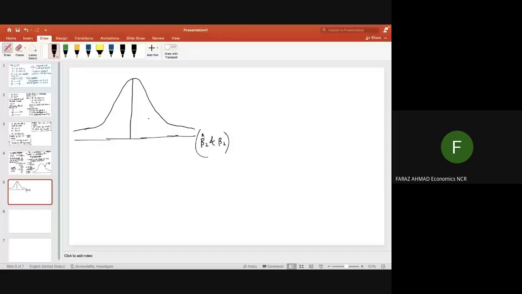And there is a mean of the sampling distribution of beta 2, and that mean is the expectation of beta 2 hat, and there is a proof which we will see, it is equal to beta 2, which is the true population parameter, right?